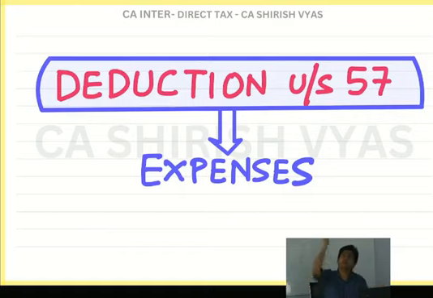Income doesn't come from the sky. To generate income, we have to spend. So every income is generated because of some expenditure. So the government says, okay, we understand, to earn any income you have to incur some expense. So you net off your expense and you pay the tax on the net amount.